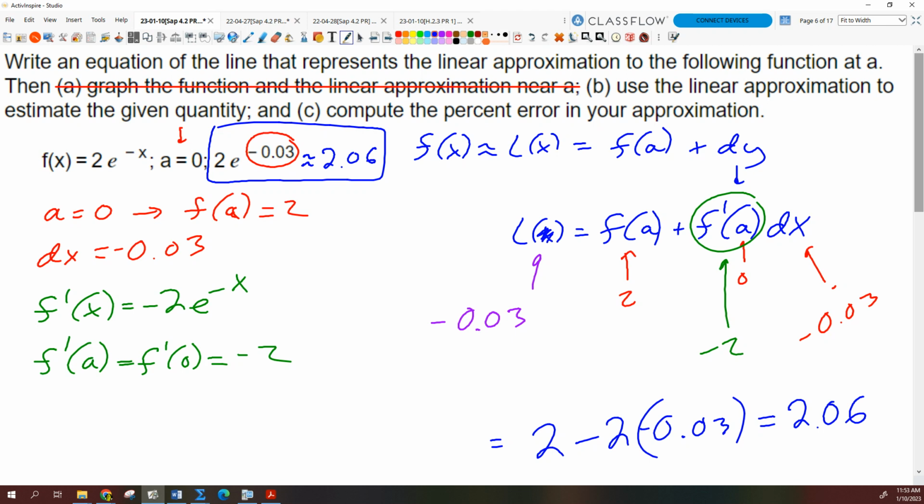That seems, yeah. Oh, there's the d. Yeah, there it is. Perfect. That's it. So our dx is actually positive 0.03. Good eye. Right. That's what it is. Everybody see that? Okay. That's tricky.